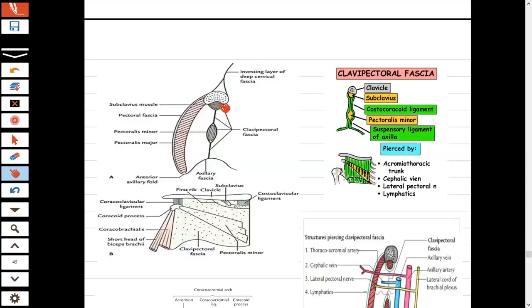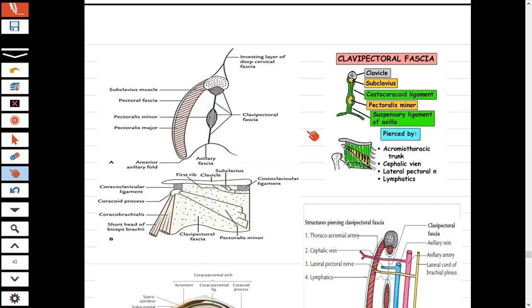Okay, so see here. Now we will see our diagram. So this is your clavipectoral fascia. It is covering here the subclavius muscle. It is covering here the clavipectoral fascia. And this is known as the suspensory ligament of axilla, and it is now merging with the axillary fascia. Now see here.